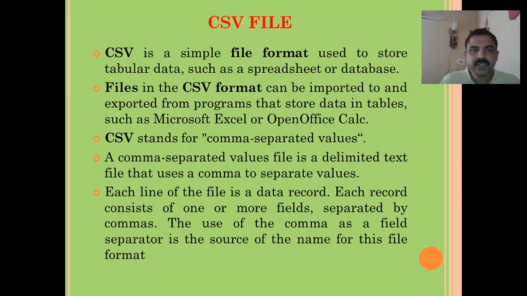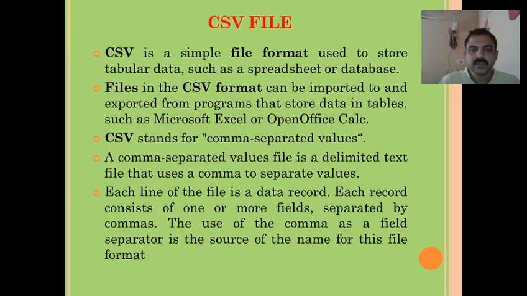So CSV is a simple file format used to store tabular data such as a spreadsheet or database. Files in CSV format can be imported to and exported from programs that store data in tables, such as Microsoft Excel or OpenOffice Calc.